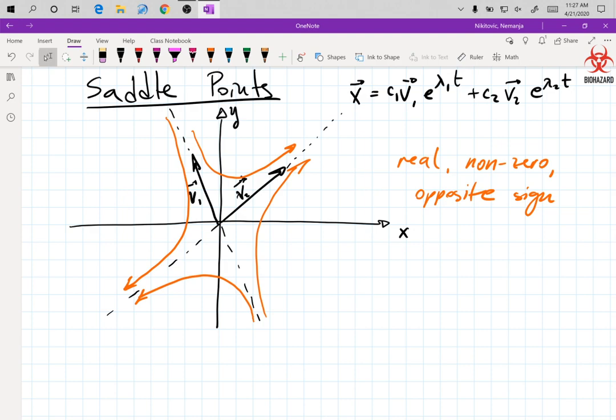So a saddle point, right, would be the one where you have this type of situation where the solutions go in. I'm trying to avoid Calc 3 because I know not all of you took Calc 3, right? The saddle point has values going into it and the values going out of it.